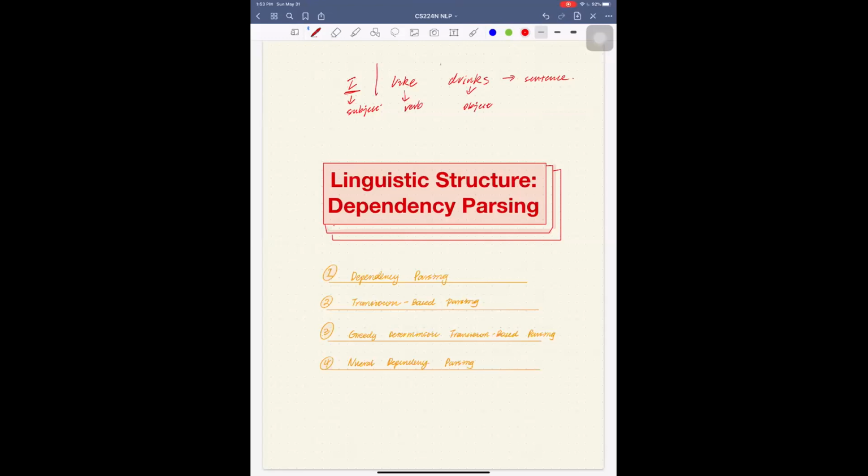So we basically parse in this way: I, subject, like, verb, drinks, object. That's the simplified version of the topic of parsing here.